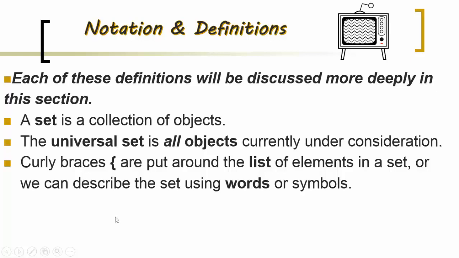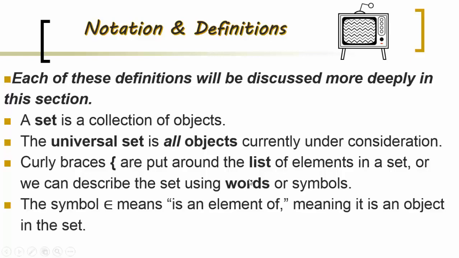We use curly brackets around the list of elements that are in the set we are discussing, and we can use words or symbols or whatever we want inside these brackets to describe what is in our set.